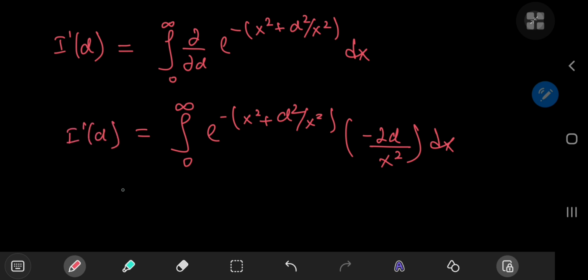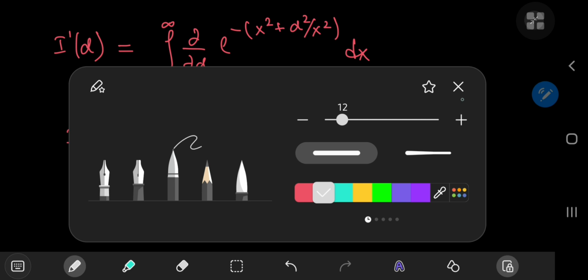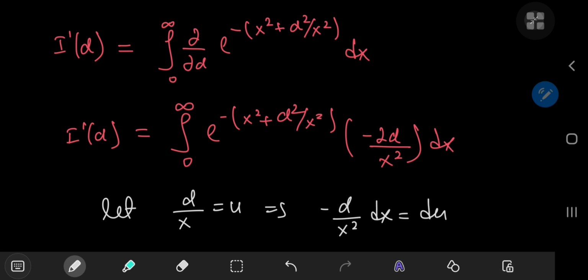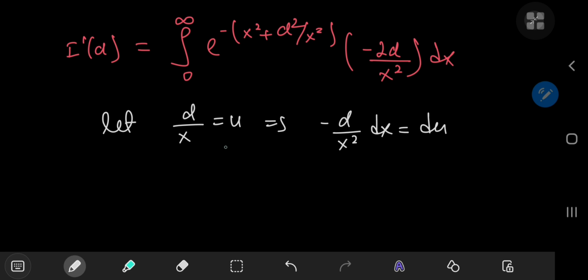Next up, I want to perform a substitution going from the x world to the u world by letting alpha by x equal u. And this implies that negative alpha by x squared dx equals du. And as far as the limits are concerned, we see that as x approaches 0 from the right, u will approach infinity. And as x approaches positive infinity, u needs to approach 0.